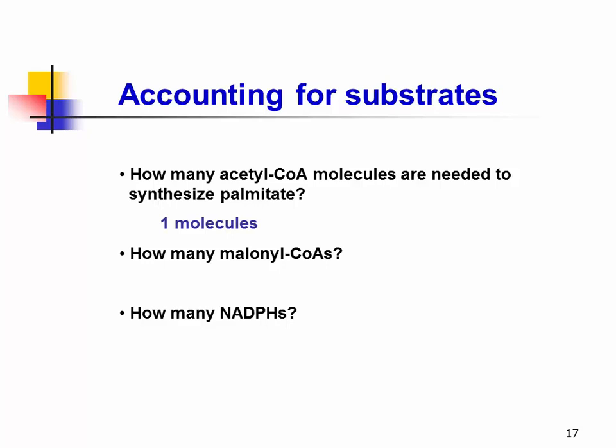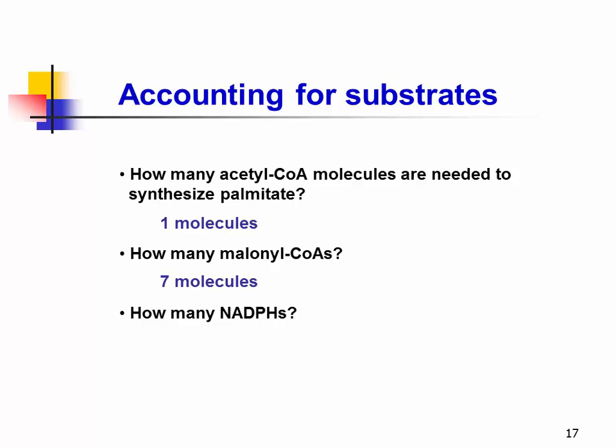We already talked about how many cycles: 7. Each cycle needs 1 malonyl-CoA, so it should be 7. So we need 7 malonyl-CoA for synthesis of 1 palmitate.